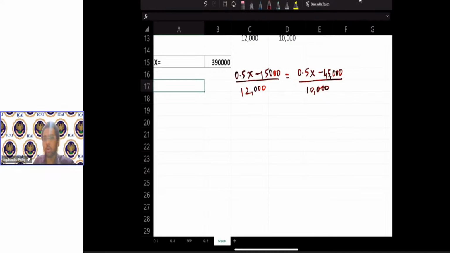But rather than doing that, we can simply cancel the zeros and call it 6 and 5.